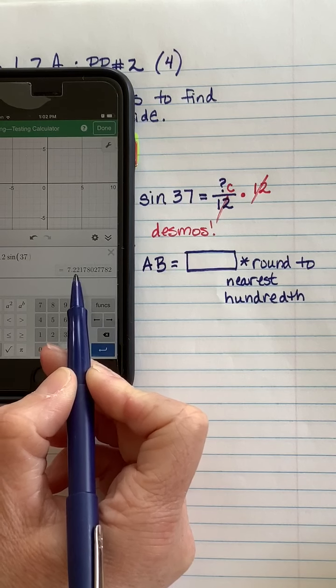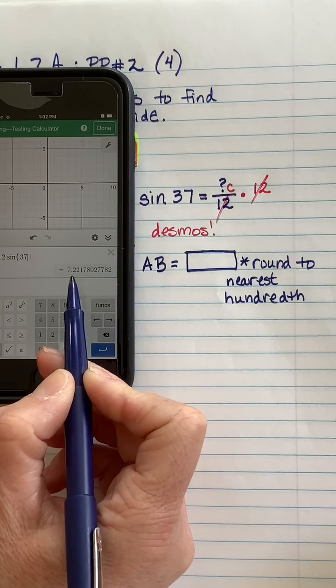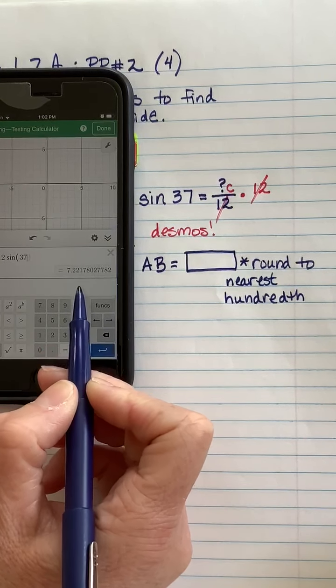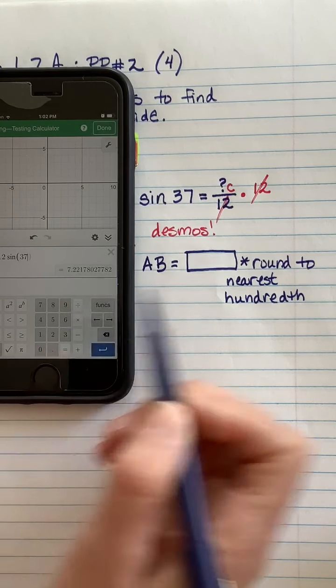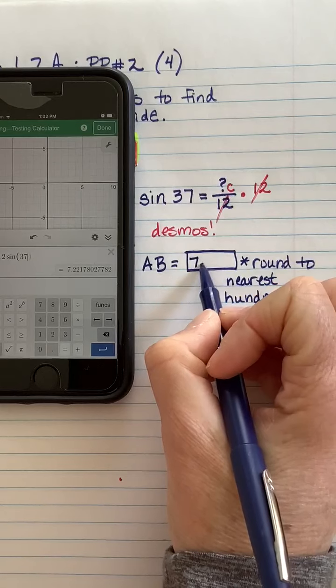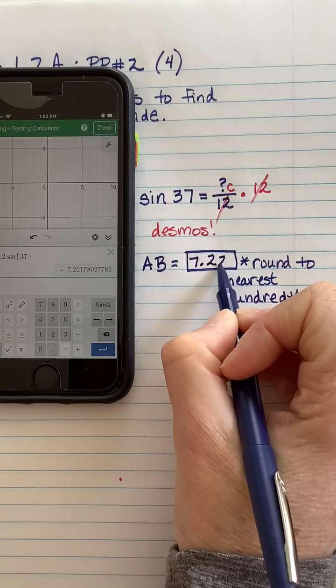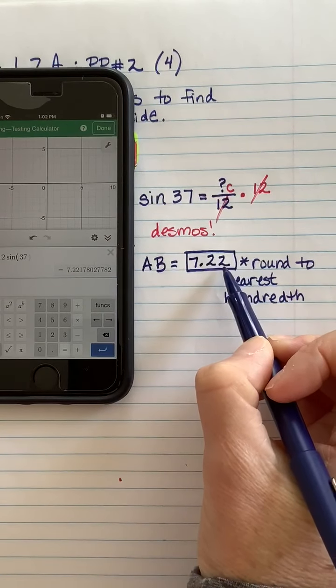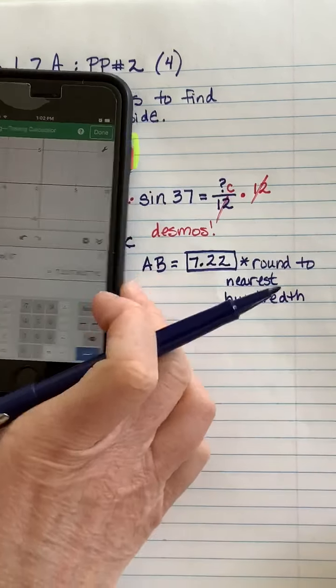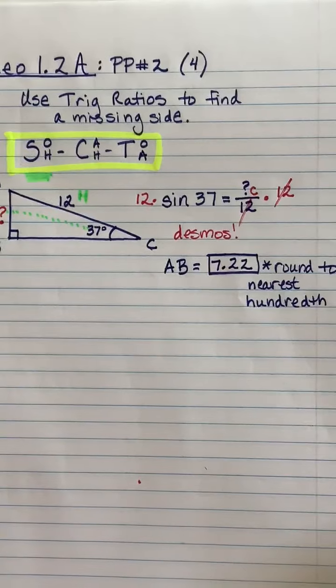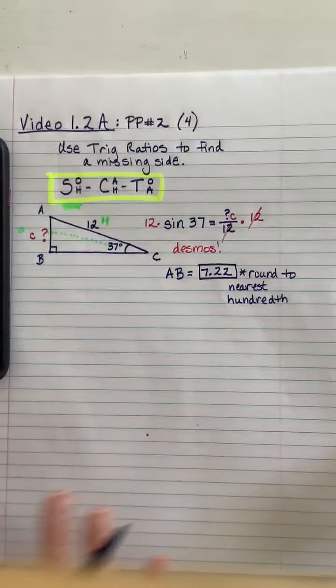Does that mean it stays at 7.22, or does it have push power and bump up to 7.23? You're right, the 1 is too small. It's less than 5, so this is going to stay 7.22. Now, if you made that a 3, Khan Academy is going to mark you wrong. Believe me, I made that mistake a couple times while I was doing your problems. So be careful with how you round.